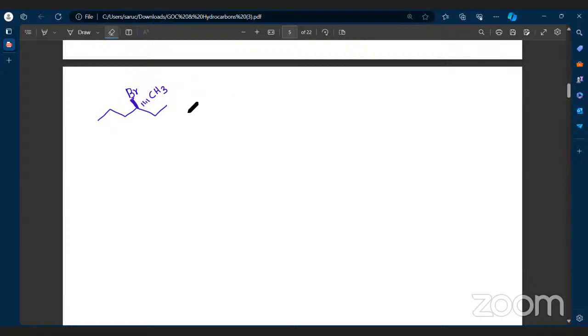It undergoes an SN1 reaction in the presence of aqueous NaOH. Now, what would be the product formed? When you're doing an SN1 reaction, know that Br will be replaced with OH.